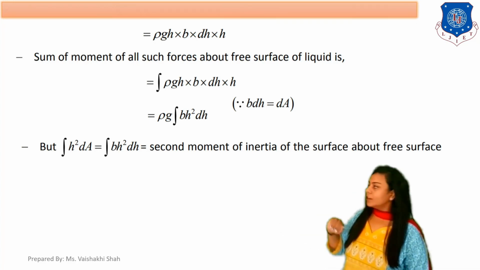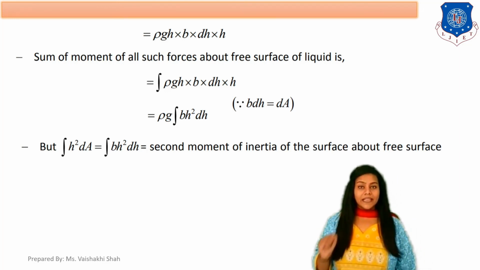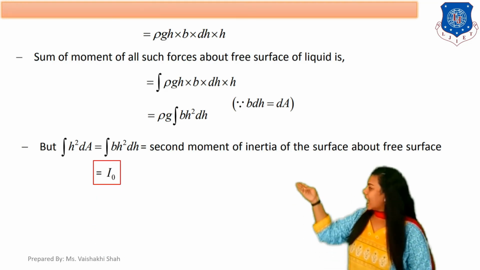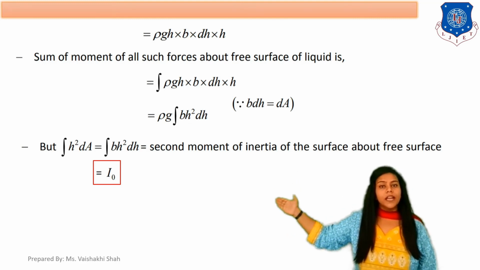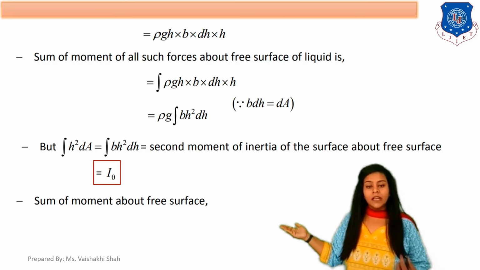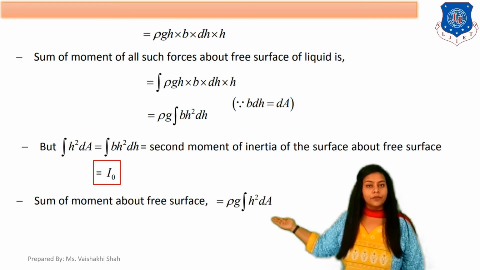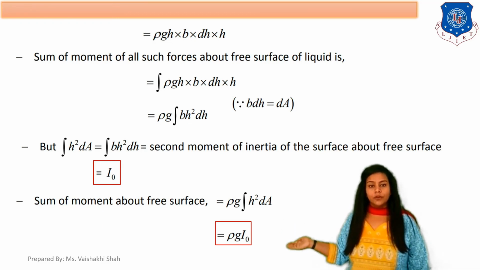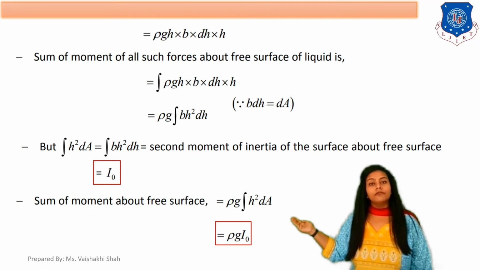So the integration of h square dA is the second moment of inertia, which can be written as I0. Now the sum of moments about the free surface is rho g integration h square dA, which is rho g I0.